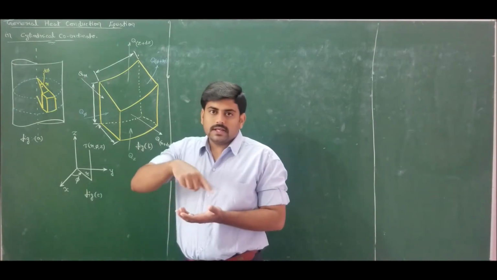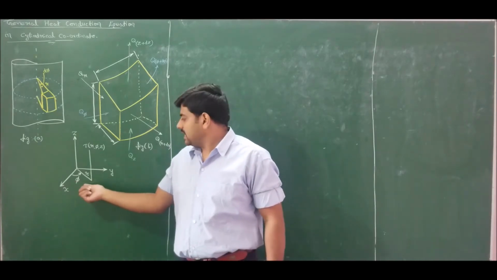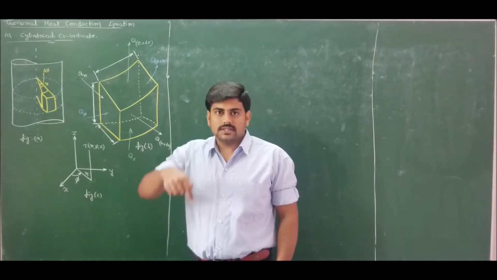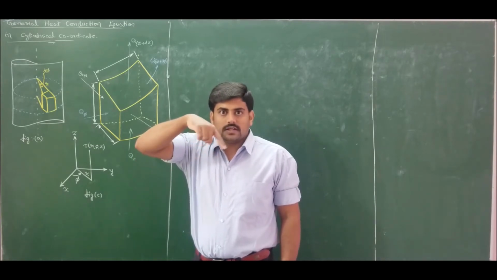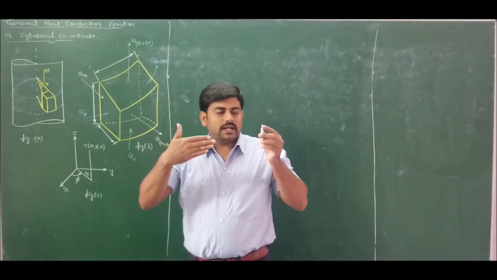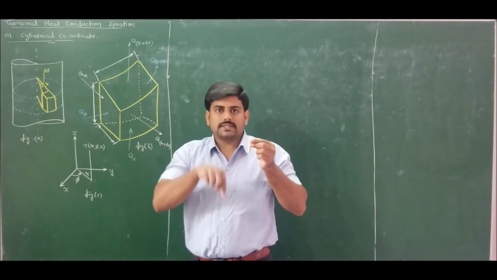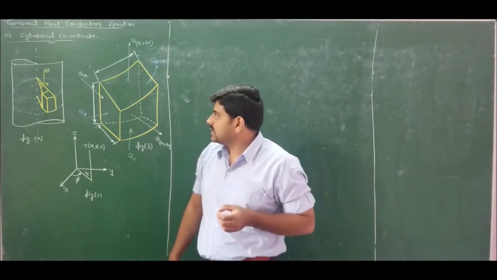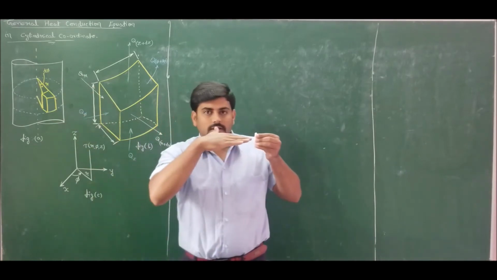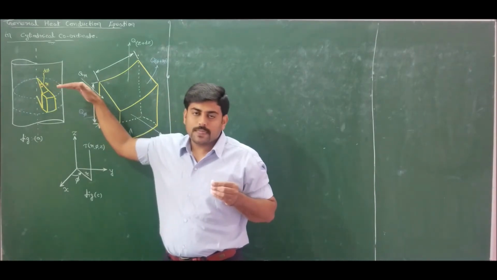Now, in the horizontal plane, the angle phi varies from 0 to 360 degree. So I have shown the angle phi and radius r in the horizontal plane. Phi varies in a circular manner in the horizontal plane, whereas radius r varies perpendicular to the standing vertical cylinder, in the r direction, and I will take the z direction vertically upwards, that is the height of the cylinder or shaft.